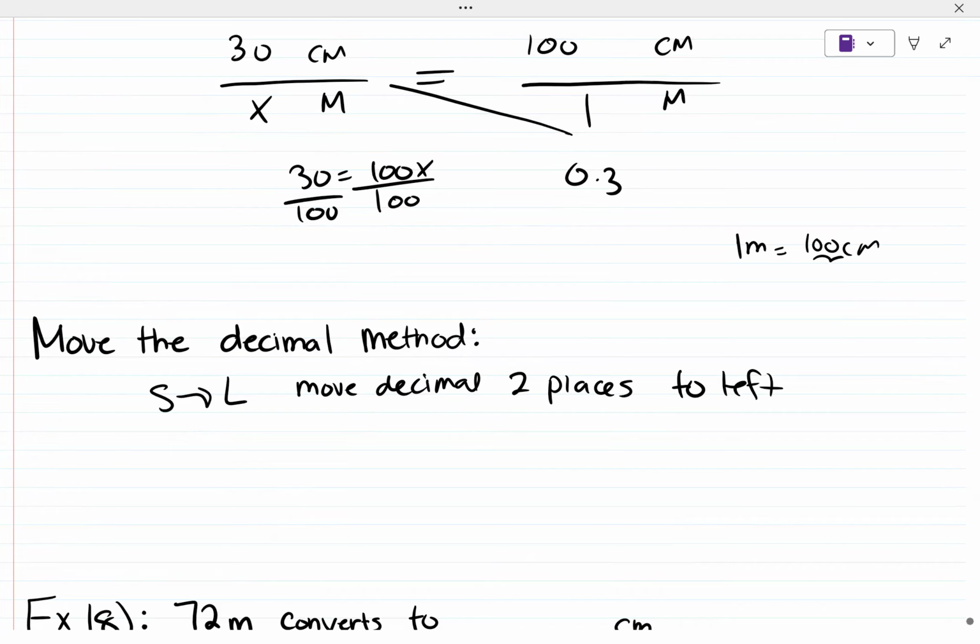What we were given was 30 centimeters. The decimal's right here, so move it 2 places to the left: 1, 2. Now you have to include this leading zero, but not this one. So that's why it's just 0.3.